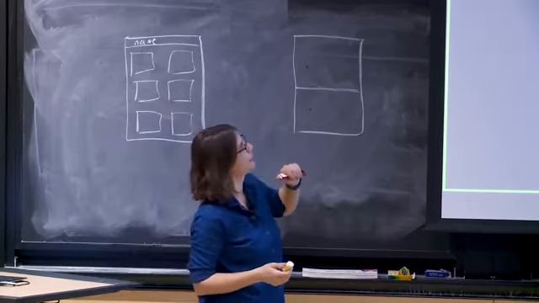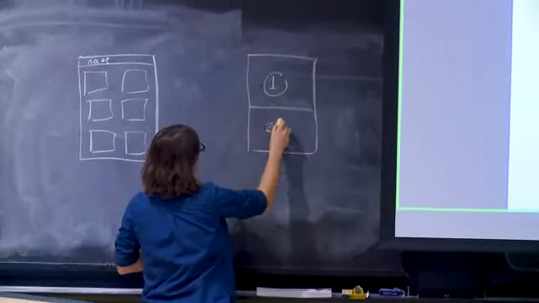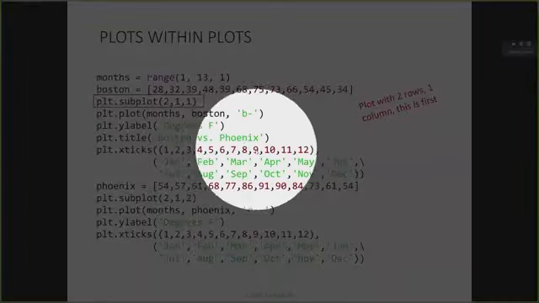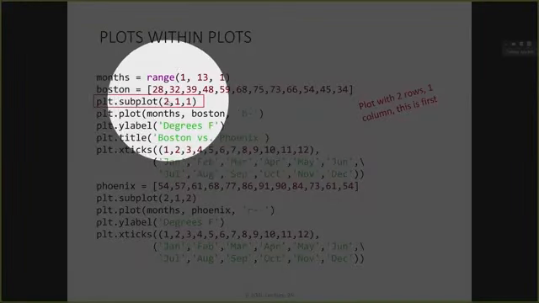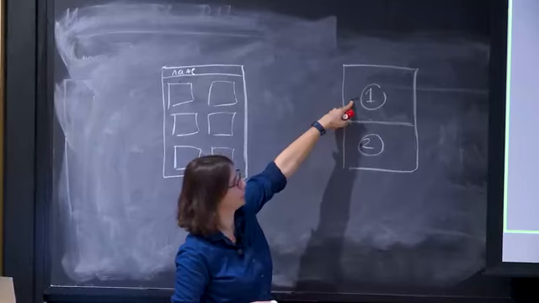The third parameter tells Python which one of these positions to open for adding lines or data to, right? So 1 means this is the one that you're opening, and 2 means this is the second one that you're opening. So you can see here, the very top subplot command tells Python to open up this one for editing, basically.